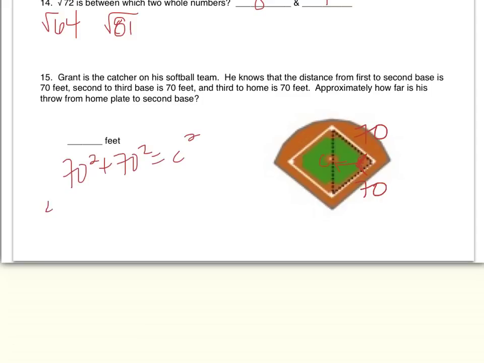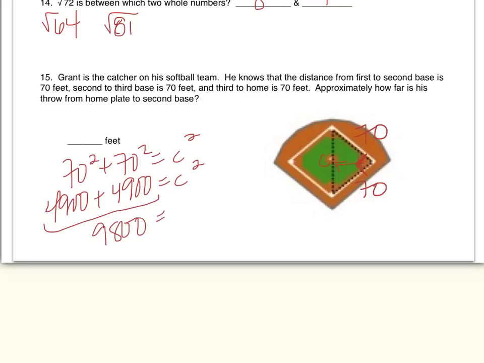So 70 squared is that plus... When you add that together, you get that. Now we have to take the square root of both sides. So the square root of 9,800. So here's the deal.